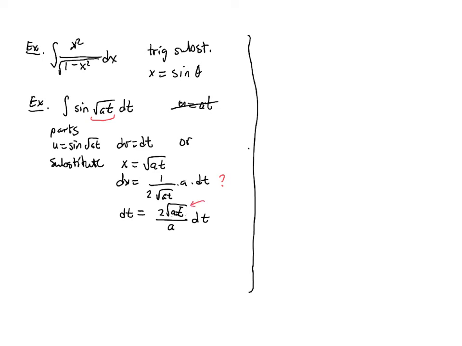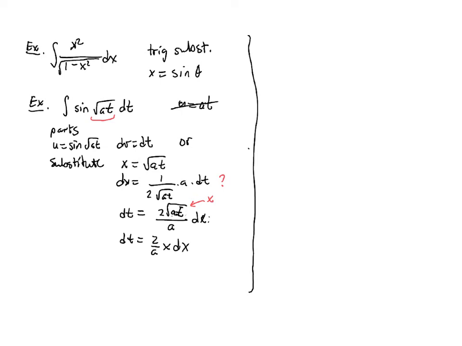This expression up in the numerator is exactly my x. Goodness, I've got a bunch of errors in here. That should, of course, be not dt, but dx. There we go. So, what's the upshot? Is that I have dt equals 2 over a times x dx.